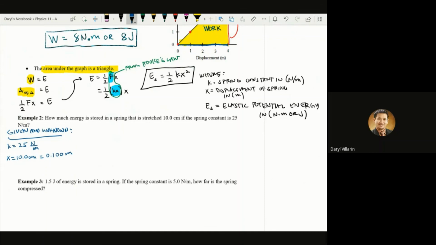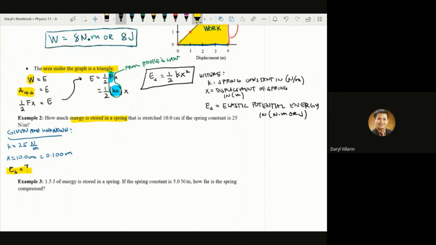Okay. And we are solving for how much energy. Again, you're talking about a spring here, so it should be ES. That would be your question mark, the potential energy of the spring.